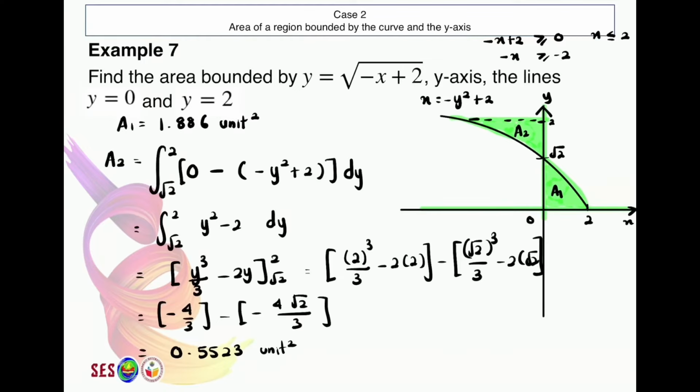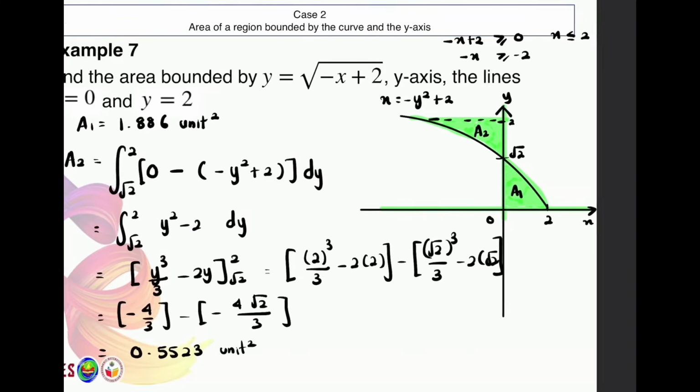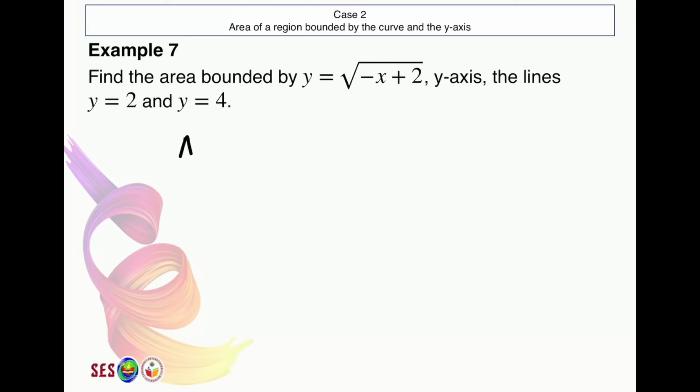So now our total area, so our area is equal to E1 plus E2. So our area will be 1.886 unit squared plus 0.5523 unit squared.